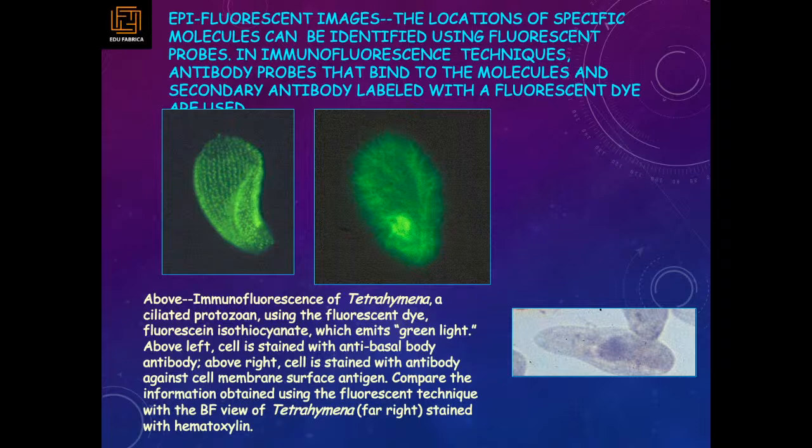Then on top a secondary antibody is added, which is fluorescent in nature and emits light in the dark. That's why we see a brightened image in the dark background. For example, this Tetrahymena is a ciliated protozoan, and with the help of a fluorescent dye, fluorescein isothiocyanate.